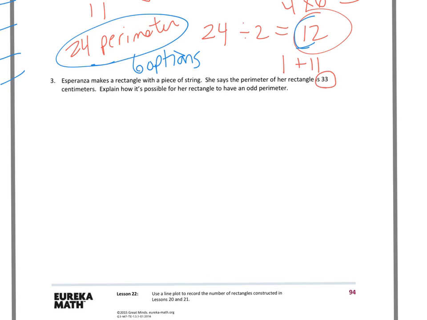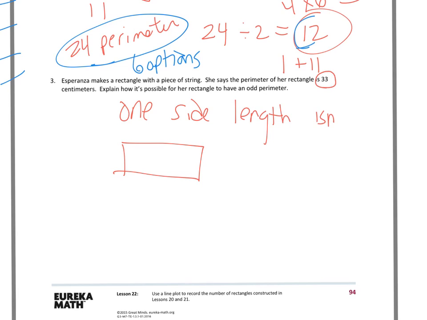In order to have an odd perimeter, then one of her side lengths is going to have to be either a fraction or a decimal, meaning it can't be a whole number. So when we say this, we'll say one side length isn't a whole number.